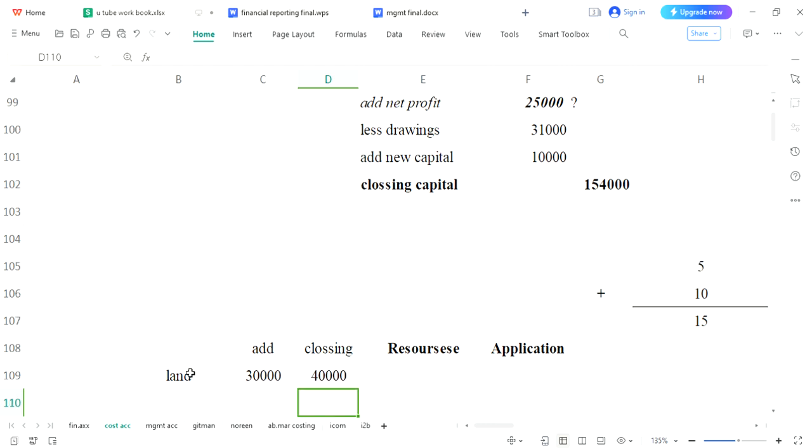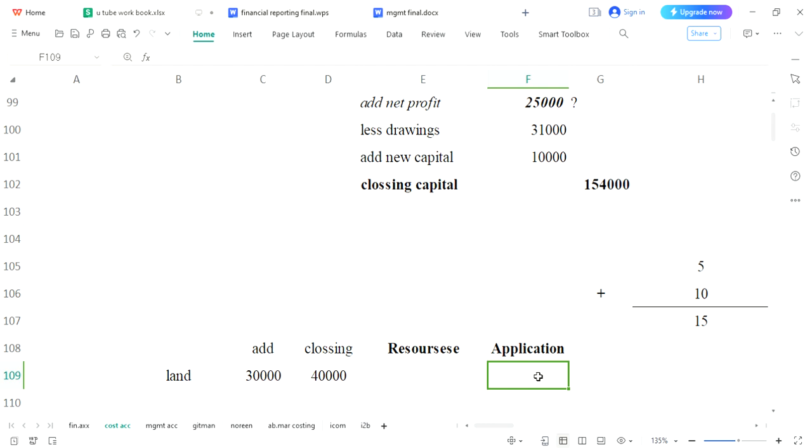Since it is an asset, as you know, opening assets are added and closing assets are subtracted. Opening assets are added and closing assets are subtracted. Please understand it. So what will happen? The minus sign is more than the positive sign. So it means cash is a minus sign.